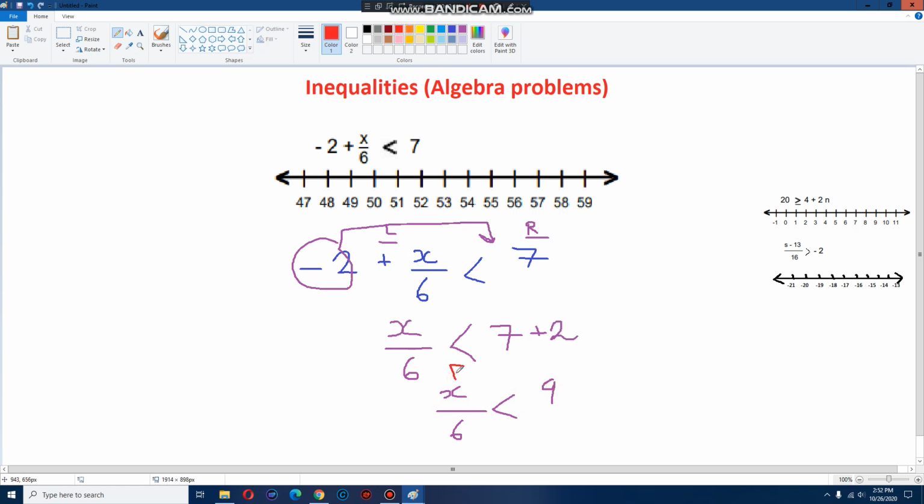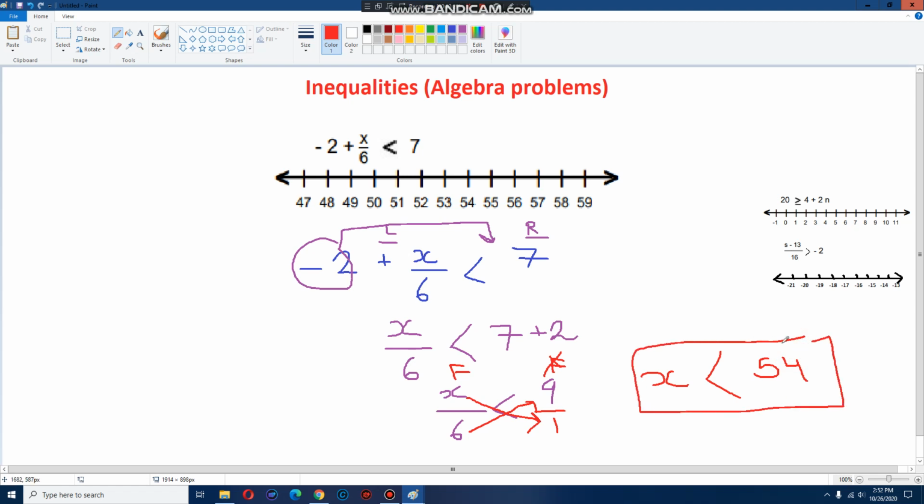This is a fraction, and this is not a fraction. So you've got to turn 9 into a fraction. How do you do that? You simply do 9 divided by 1 and do the famous cross multiplication technique. So now x multiplied by 1 is just good old x less than, and 6 times 9 is 54. And there we go. X is less than 54 is our answer.